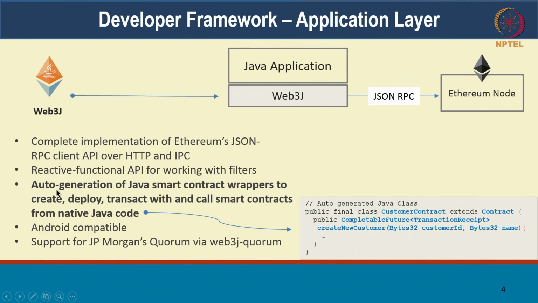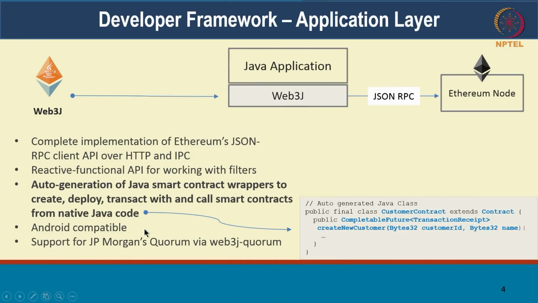And a cool thing it can do is auto-generate Java smart contract wrappers for your create and deploy transactions to call your smart contracts on the blockchain. So it gives you the Java application wrappers to invoke your create and deploy transactions on your smart contracts. It's also Android compatible, and it also again supports Quorum, right?